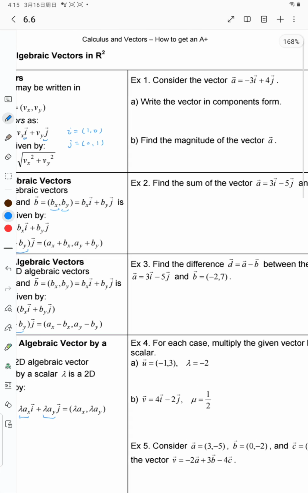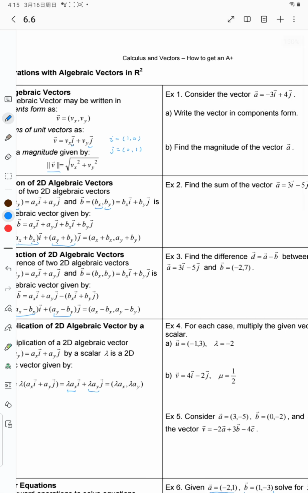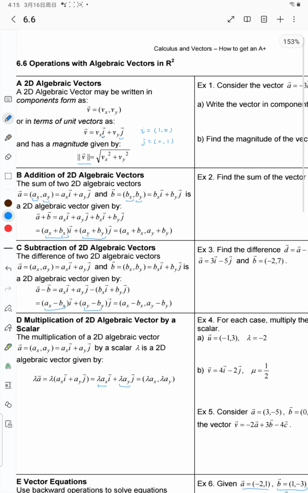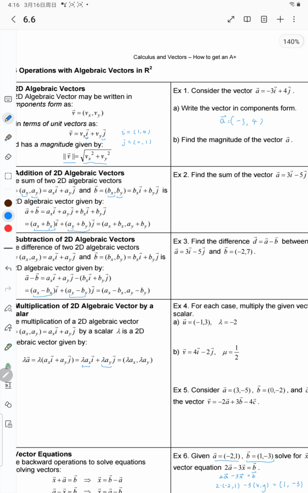All right, so write the vector in components form. Well, this is just, as we say, a is just (negative 3, 4), right? And find the magnitude, and we just use this equation, the square root of x squared plus y squared, which we talked about.